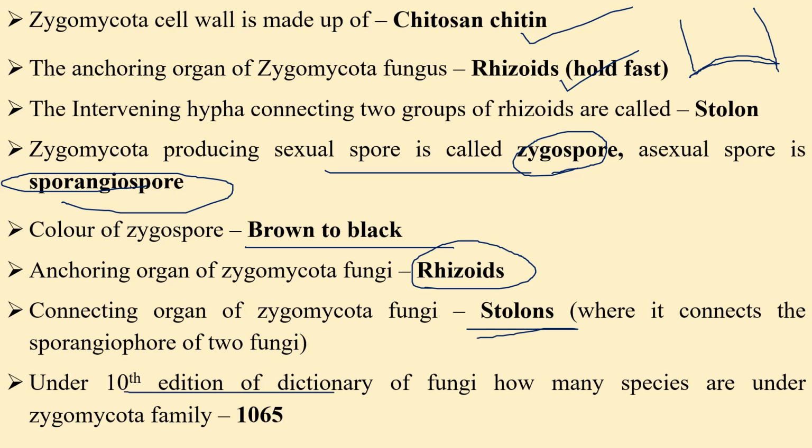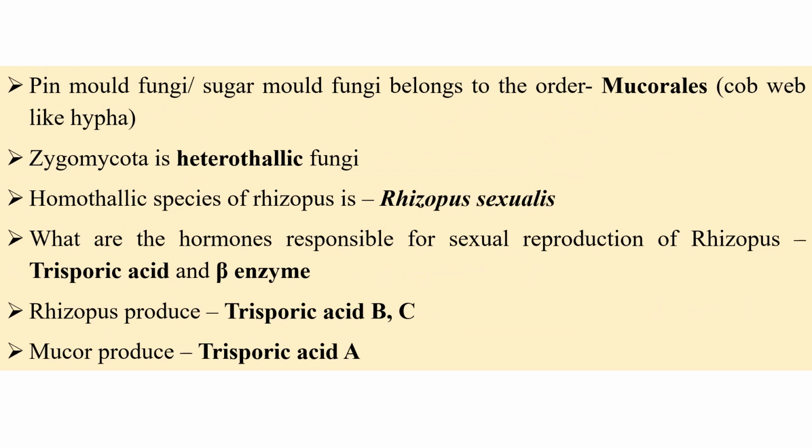Under the 10th Dictionary of Fungi, how many species are there in Zygomycota? It is estimated that according to the 10th classification, 1065 fungi were classified under Zygomycota. Next one is pin mold fungi or sugar mold fungi, belonging to the order Mucorales.